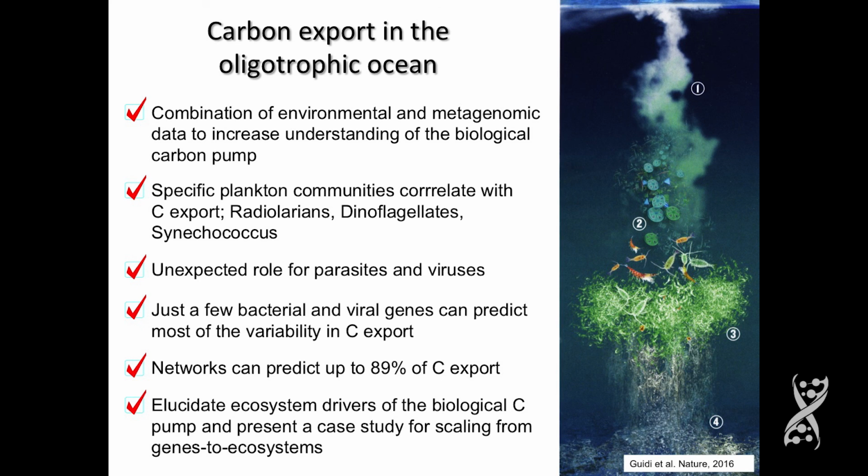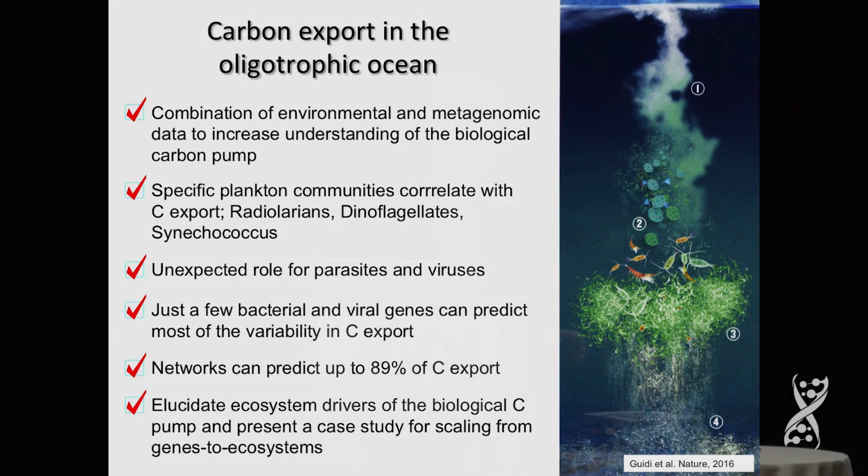and again, just published a couple of weeks ago, some information showing how specific plankton communities correlate with carbon export, communities that are not necessarily expected to correlate with carbon export, including radiolarians, dinoflagellates, and Synechococcus. And we also revealed an unsuspected role for the little guys in the community, the parasites and the viruses.